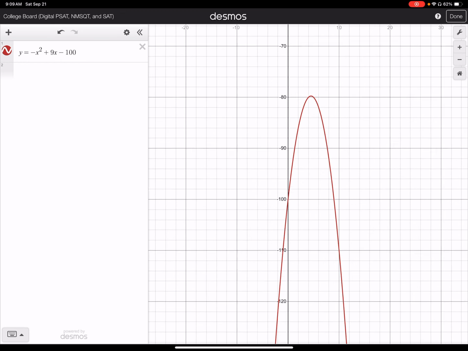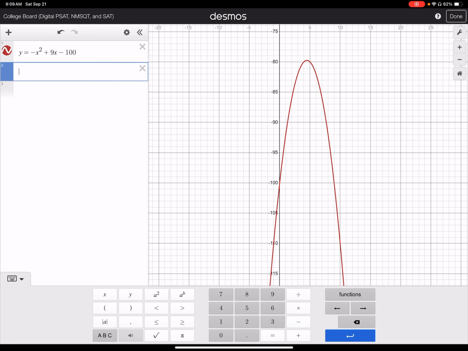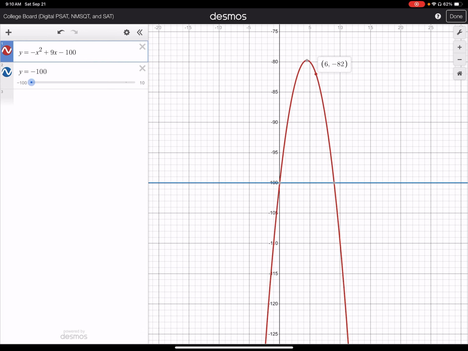So there we go. Now you can see right now, I'm going to put in y is equal to negative 100 in here. So y is equal to negative 100, and it's going to hit it at two places. You can see the vertex up here on my little graph. Actually, I can just tap it, and it tells me exactly where it is. Now, the difference here is that this is a decimal number, and all of my answers are fractions.